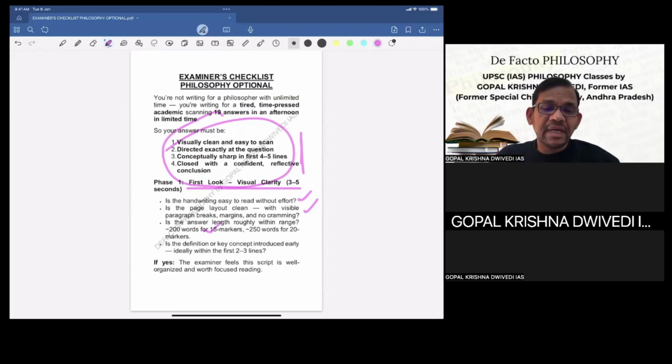Because if you delay that, then your direction to the question will not be very focused. So it's again very important. In the first 2-3 lines only, you should try to introduce the definition. Now, if the answer is yes, then the examiner feels this script is well organized and worth focused reading, because then only he is going to read it in a focused manner.